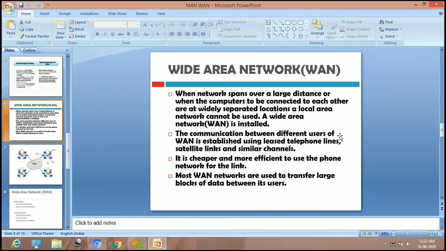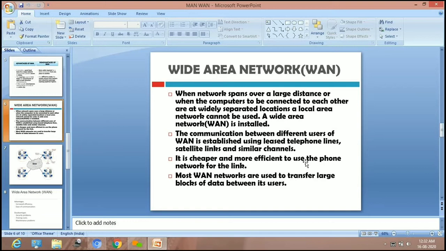So the communication between different users of WAN is established using leased telephone lines, satellite lines, or similar channels. That means in the WAN, there is no compulsion that we have to use only wired networks. We could use wired as well as wireless networks.